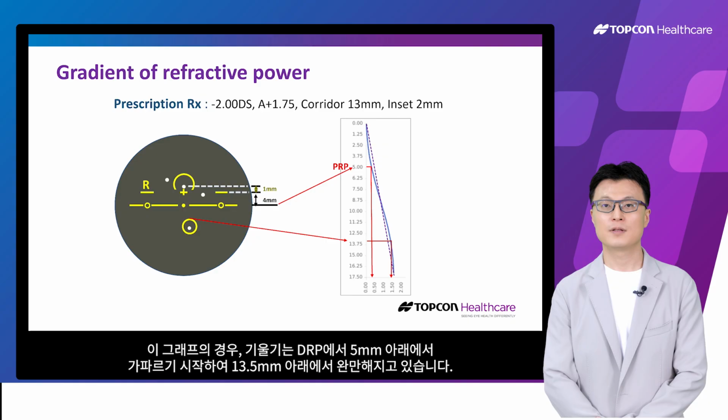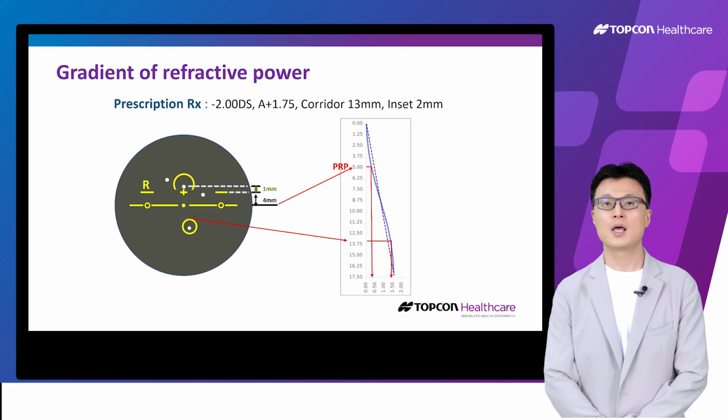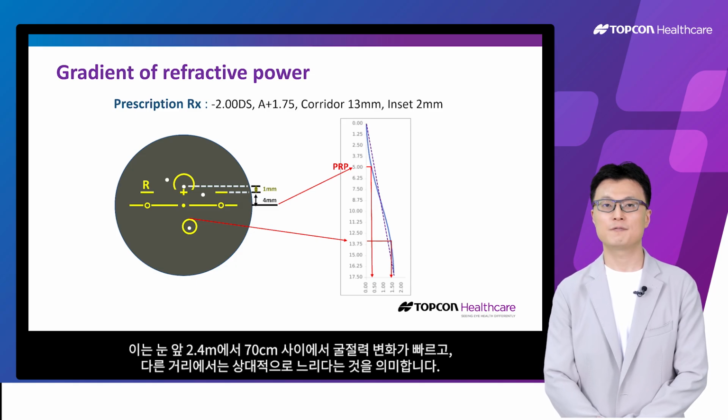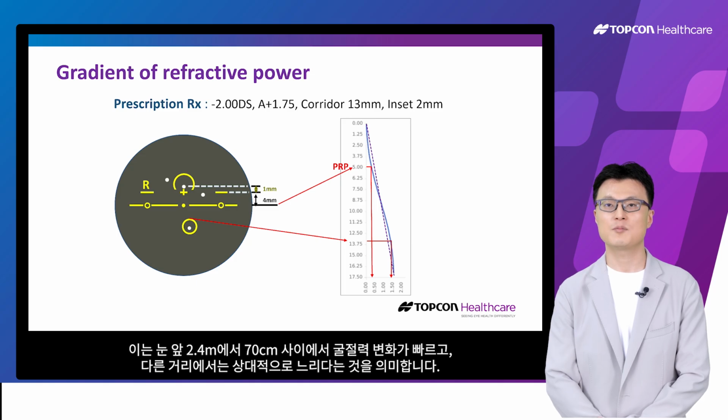For this graph, the slope starts to steepen 5 mm below the distance reference point and flattens out starting at 13.5 mm below. This means that the change in refractive power is fast between 2.4 meters and 70 centimeters in front of the eyes, and it's relatively slow at the other distances.